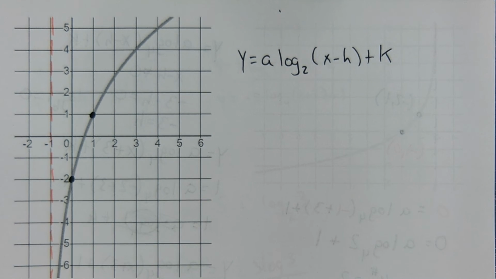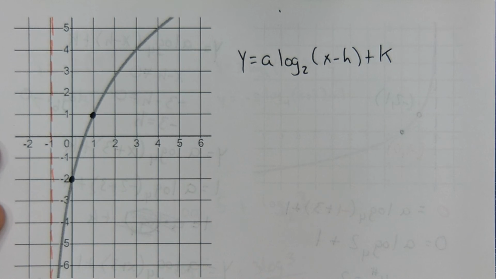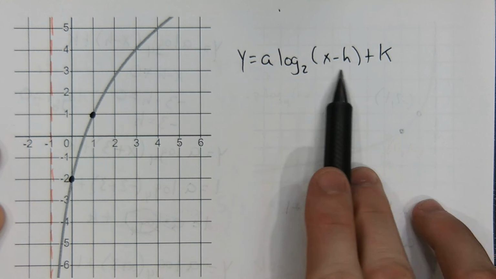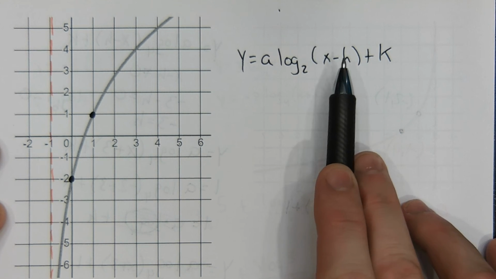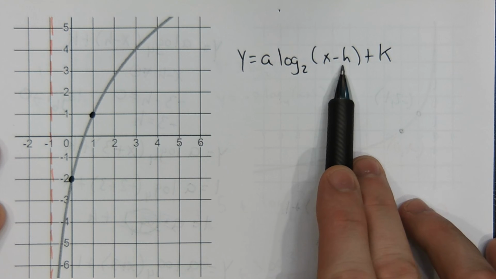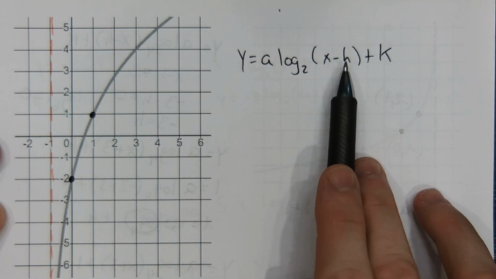But we're going to follow the exact same process. Asymptotes occur when we break the rules of a function. The rule of a log function is that the argument must be positive, meaning the argument cannot be 0 or, worse, a negative number. So x minus h can't be 0.